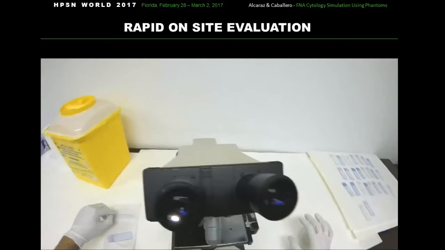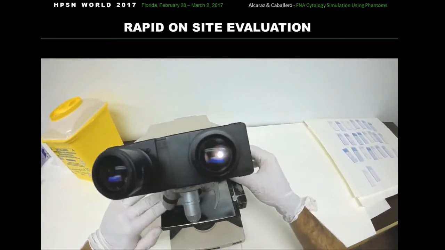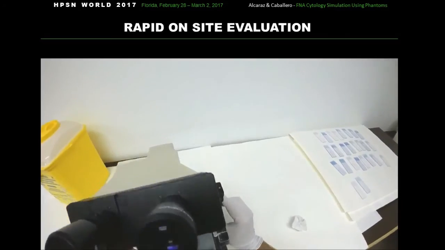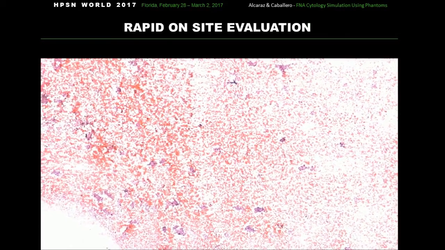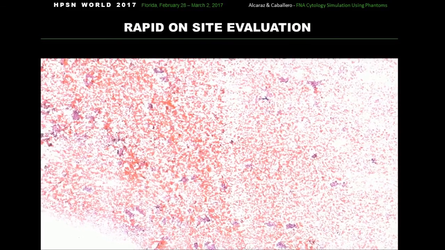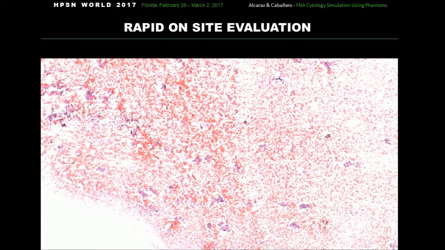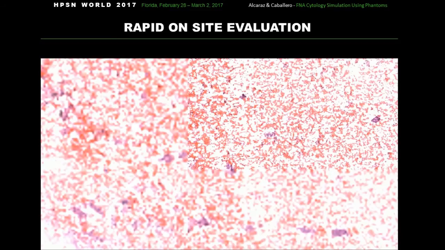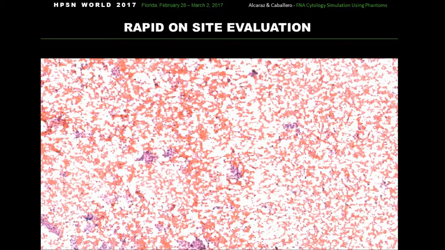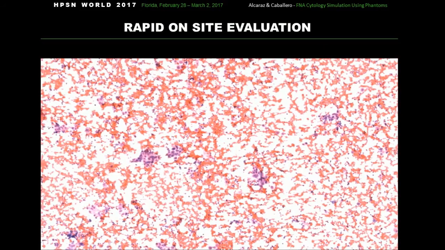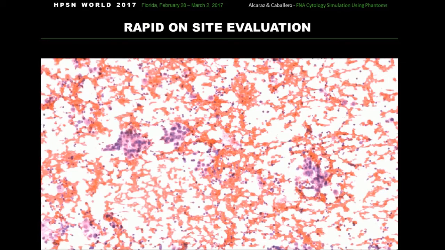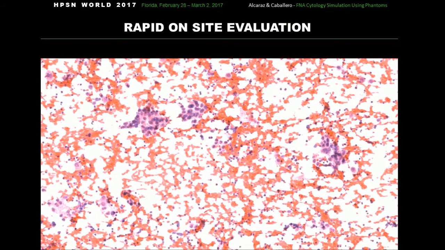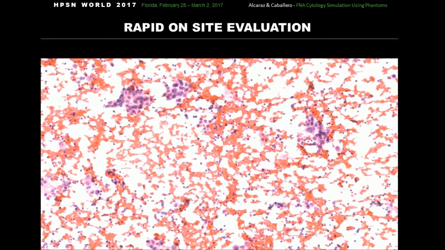In this case, for example, we've made the procedure on a lymph node in a patient, and we can see the background with red blood cells and lymphocytes, that is, a lymph node sample, but with an additional atypical population of cells. Cells grouped in nests and with malignant features, such as hyperchromasia, increased nucleocytoplasmic ratio, and pleomorphism.